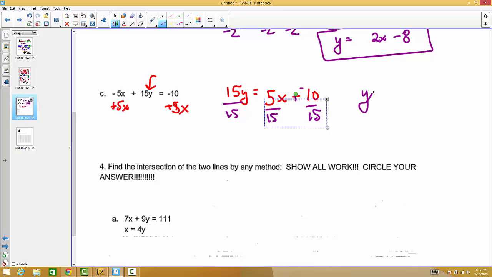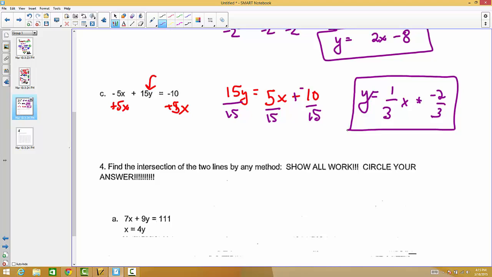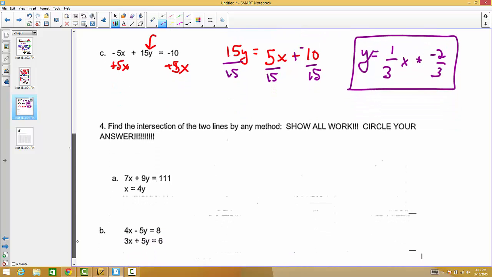So y equals 5 over 15, which is the same thing as 1/3, and 10 over 15 is the same as 2/3, and it is negative. So since these are repeating decimals, you should try to leave it in a fraction form.